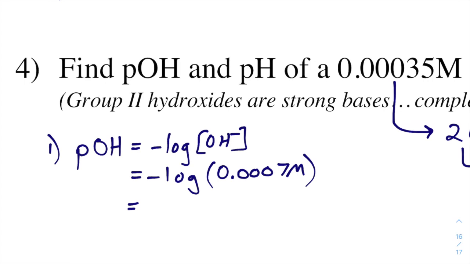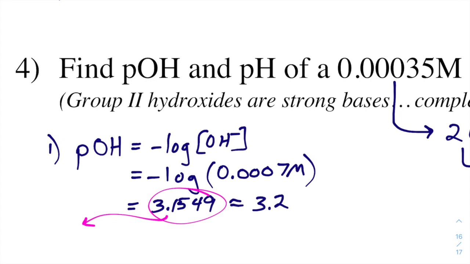Negative log of 0.0007 is 3.1549, which in terms of sig figs is 3.2. The reason I write it all out is that I'm going to use my unrounded number in the next part, asking you what the pH is.